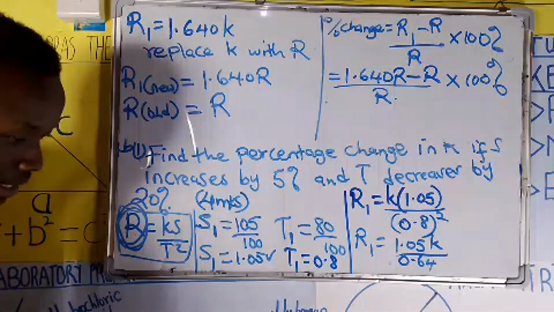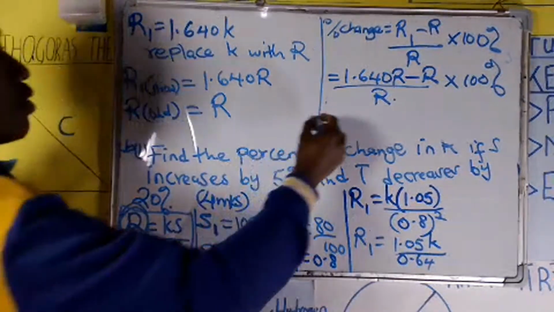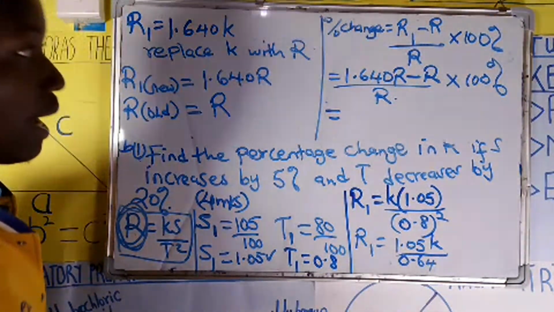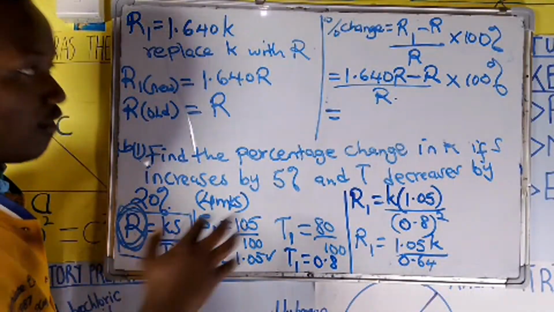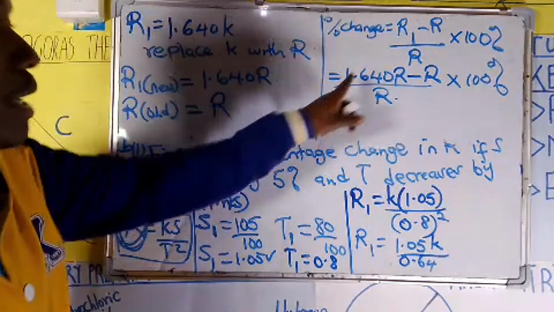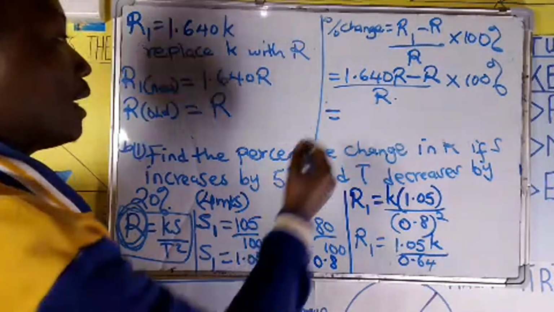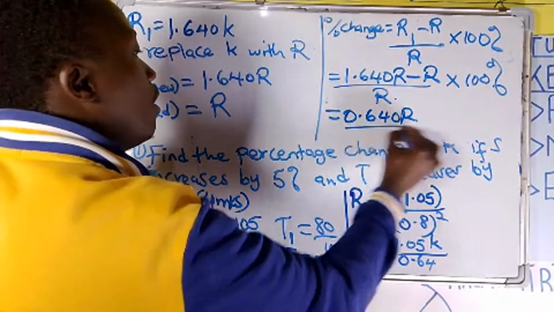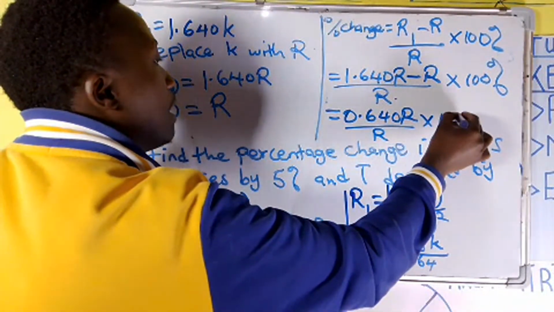So when we subtract 1.640 R minus R over R, when you subtract here, you will get 0.640 R over R times 100%.